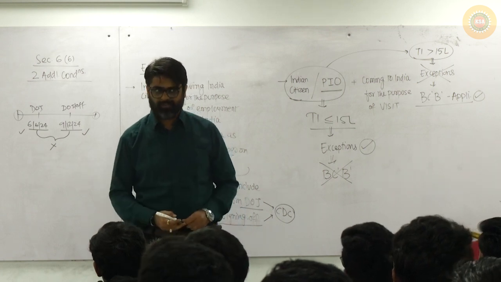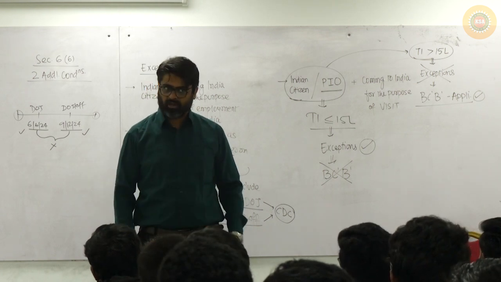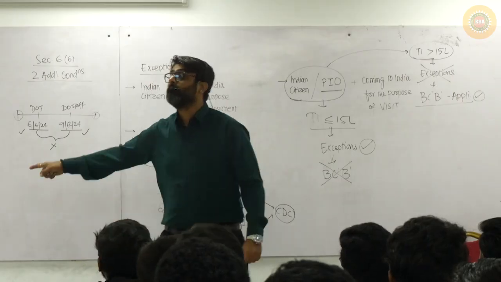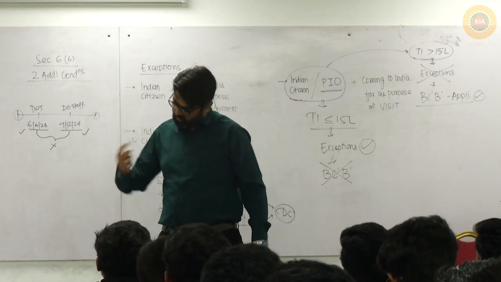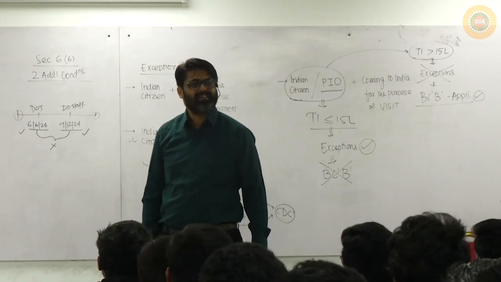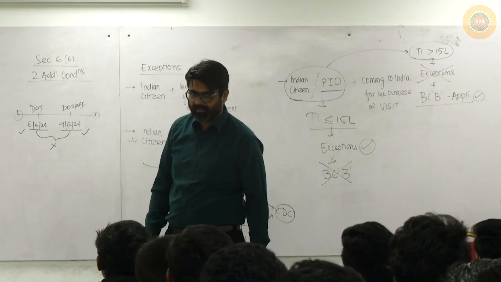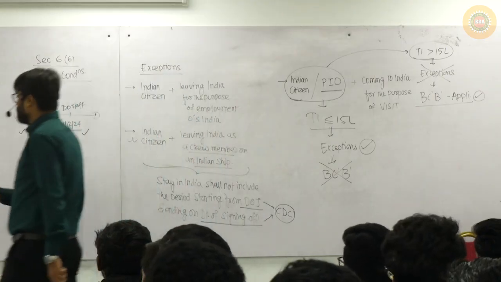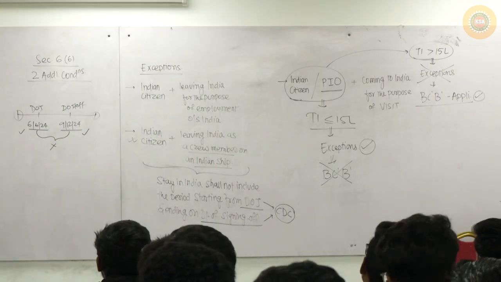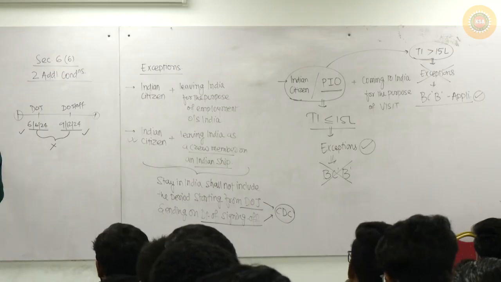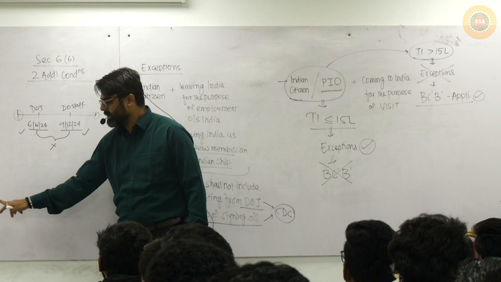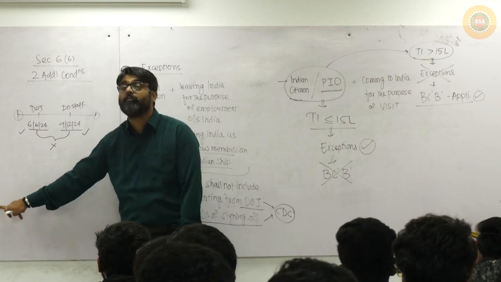And in a special case, don't think that we are not going to check basic condition B. We are going to check basic condition B. But since you are a special case, this basic condition B also will be special for you. Instead of 60 days, we'll check 120 days. 120 and 365. Yes or no?